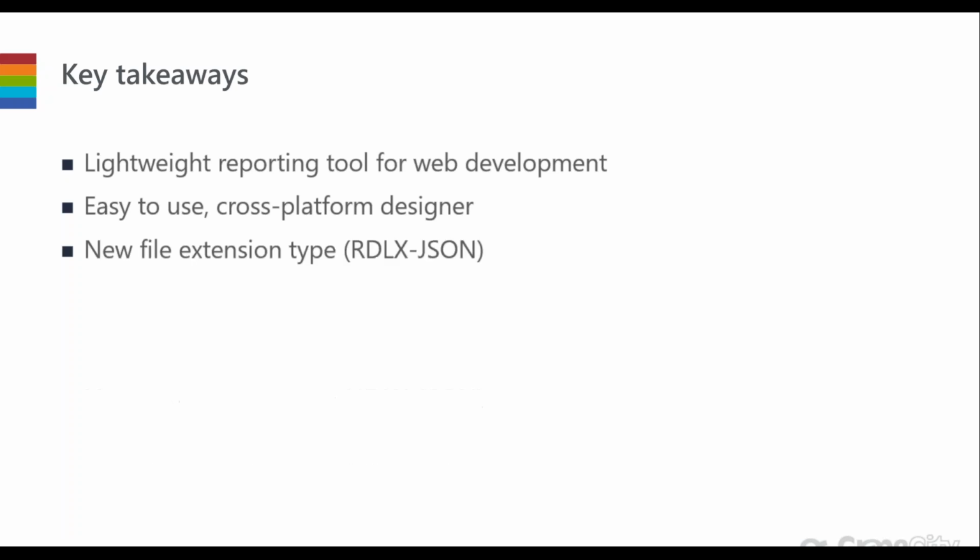So we also talked about the new file extension for the ActiveReports.js files. So they use RDLX JSON instead of RDLX. And you can use the designer to convert those existing RDLX files to RDLX JSON.